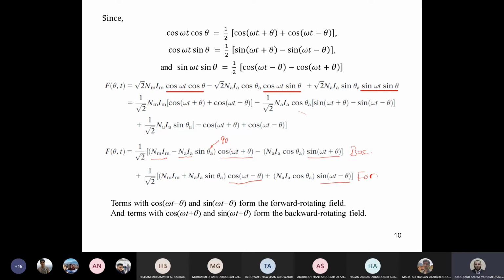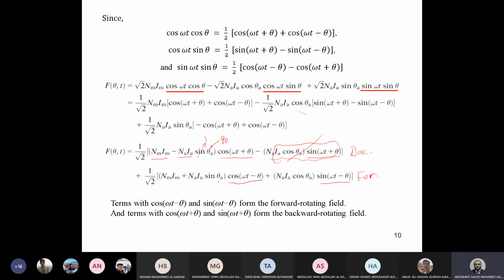Let's see together if we substitute at theta equal 90 degrees. Sine 90 equals 1, right? So this term will be unity. Here, cosine 90 equals 0, so this term will be removed at 90 degrees.